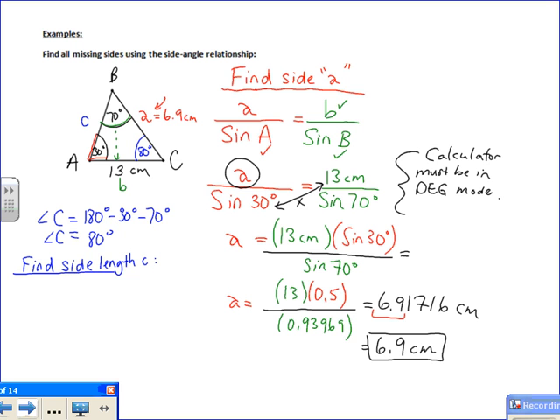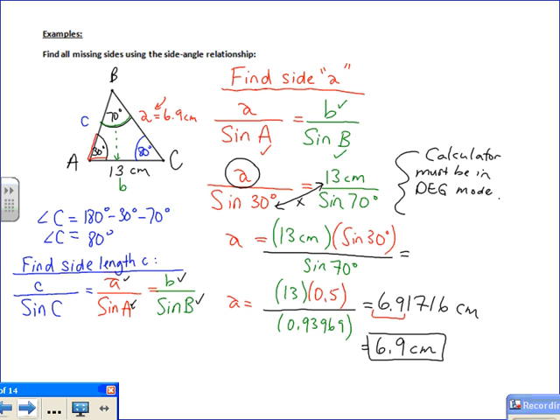And I have two choices here for side length C. C over the sine of C is equal to A over the sine of A, which is also equal to B over the sine of B. Well, now we have angle A and side length A. We also have side length B and angle B. So it's up to you whether you want to use either of these two ratios and set them equal to C over the sine of C. So it's your choice.